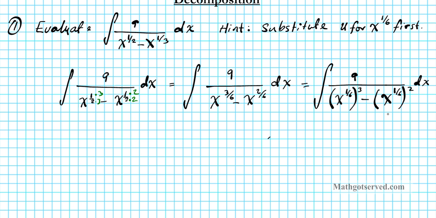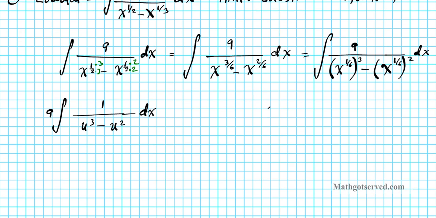Okay, now that we've accomplished that, now we're going to make a substitution. So this integral is going to become the integral. Now notice this 9 here, I can factor that out, so don't keep writing it over and over again. 9 factored out, you're going to be left with 1 over u to the 3rd minus u squared dx. Alright, so this is a new nice problem we're going to integrate.